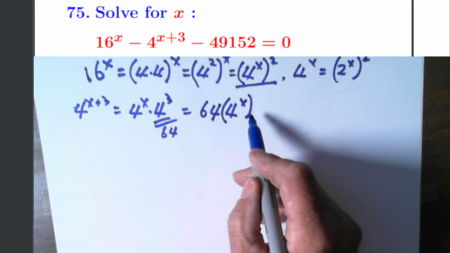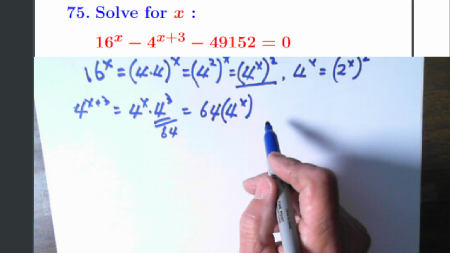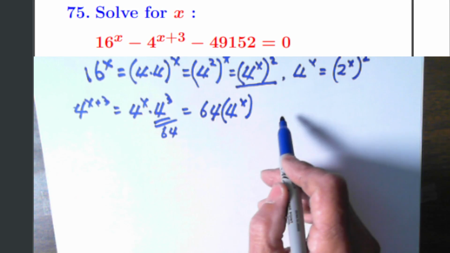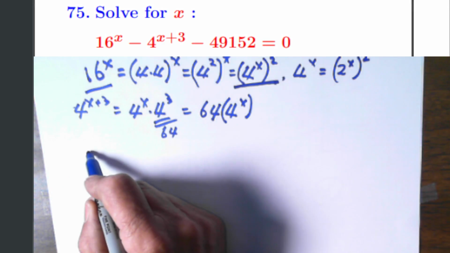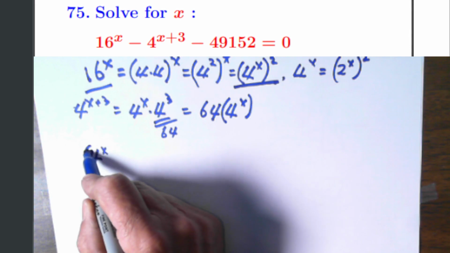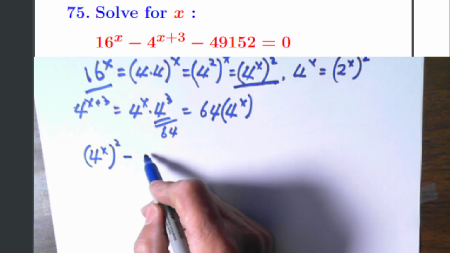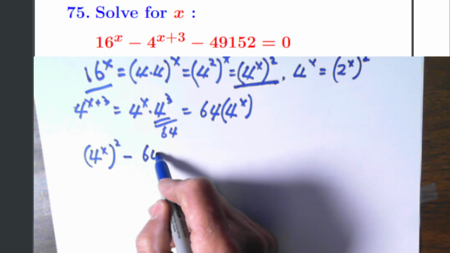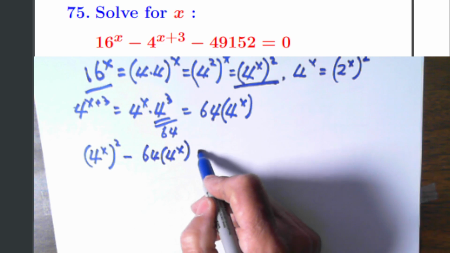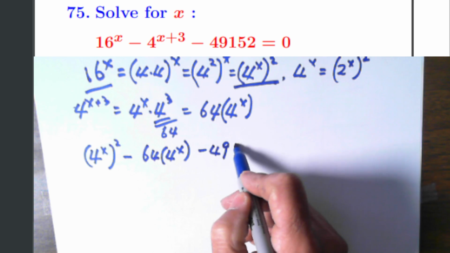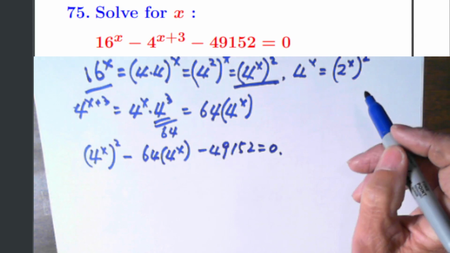Now using 4^x, we can rewrite the given equation as a quadratic equation. Because this one is the same as that, we can rewrite it as (4^x)^2 minus 64 times 4^x minus 49,152 equals 0.